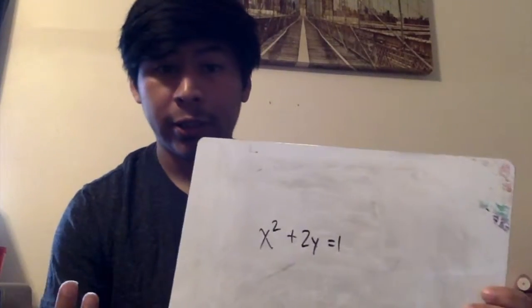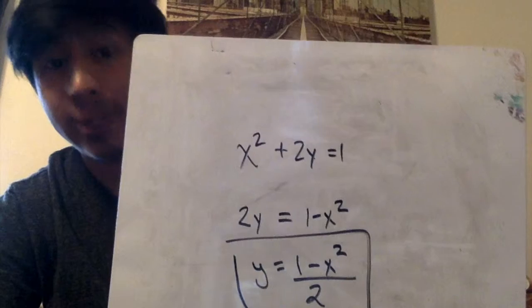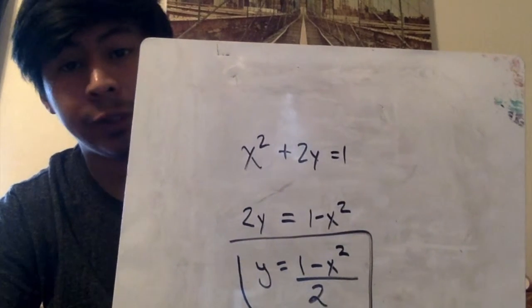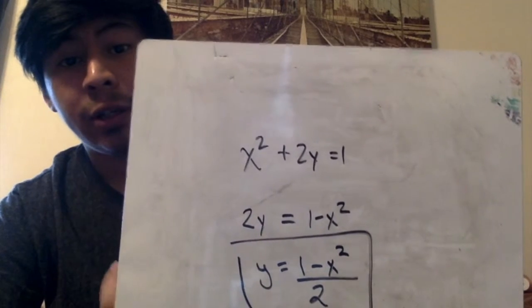Another quick thing about functions and their graphs, you should know how to tell what the domain and the range of a function is. So if I gave you a function like, say, x squared plus 2y equals 1, you should know just by looking at it, this function takes in all numbers from negative infinity to infinity for the x values.